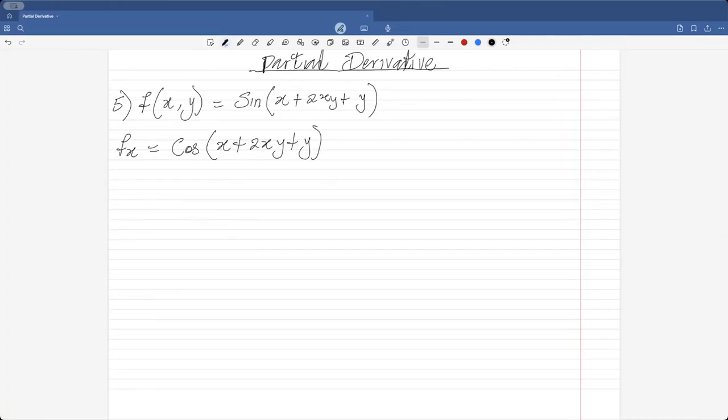Now, what is the derivative of what we have in the parentheses with respect to x? In this case, we have 1 plus 2y.